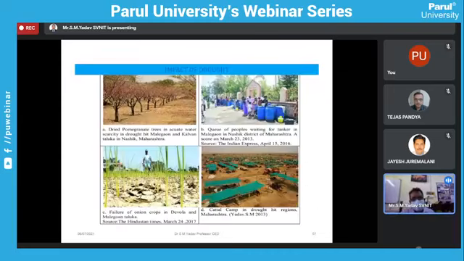This is the picture of the 2016 drought in Maharashtra. Specifically, I would like to stress figure D, which is a cattle camp in drought-hit regions of Maharashtra.